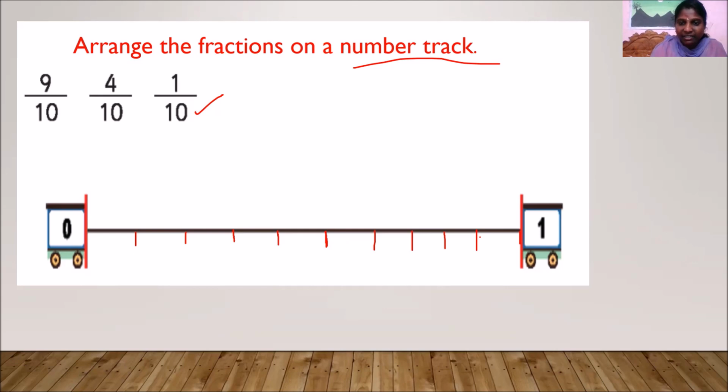See, children, on the ninth line, we have to write 9 by 10. Next is 4 by 10. You have to count 1, 2, 3, 4. On the fourth line, you have to write 4 by 10. The first line represents 1 by 10. This way you can arrange the fractions on the number track.